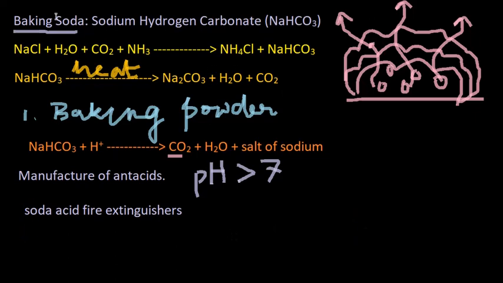So we have seen that baking soda is a very important salt and it is also prepared from sodium chloride, how it is prepared and what are its uses. We shall come back in a later video to talk about another important salt, that is washing soda.